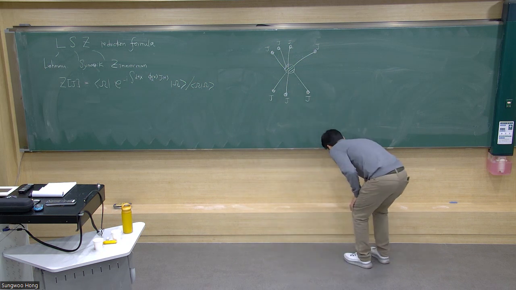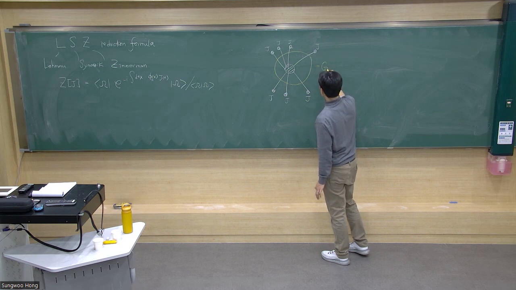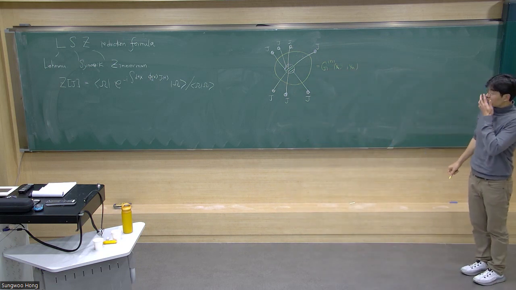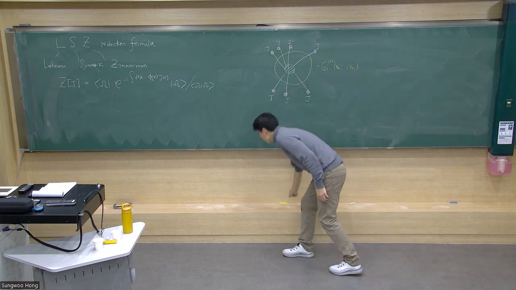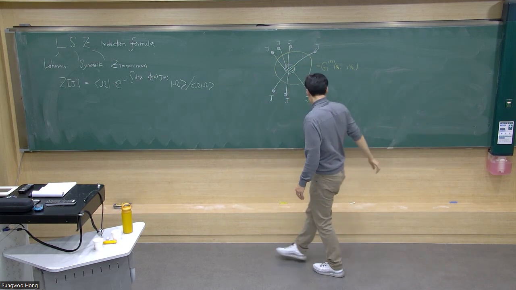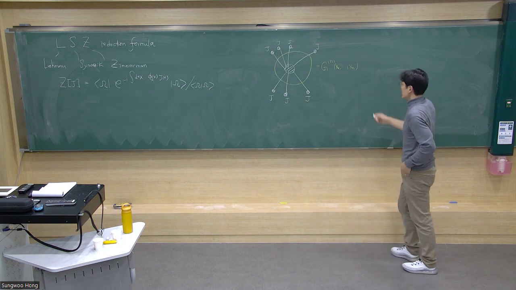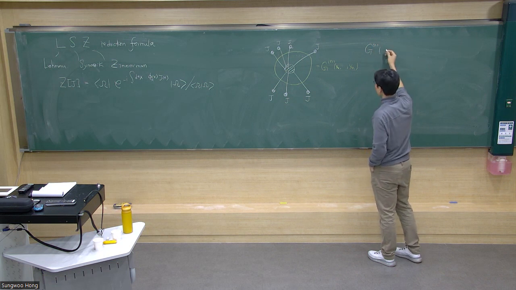Now, this coefficient is the Green's function. Now, the reduction formula says: take this thing in momentum space. Let me mention the formula, and then I will explain.